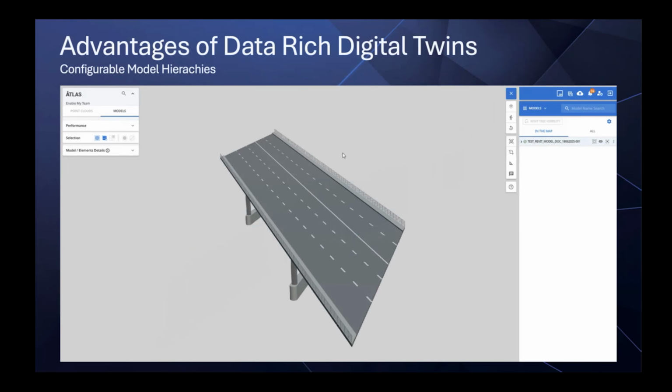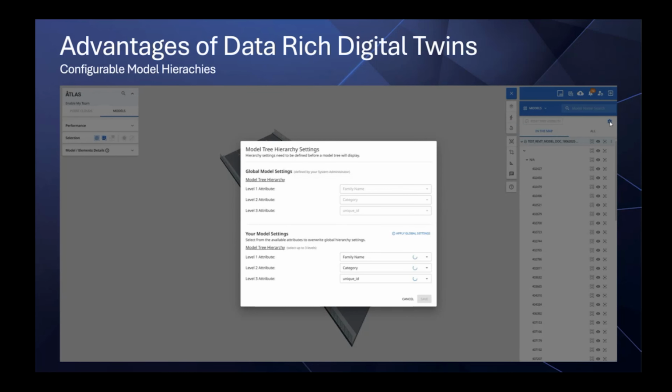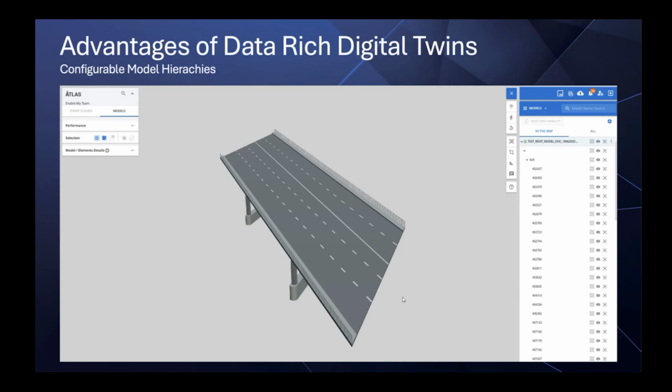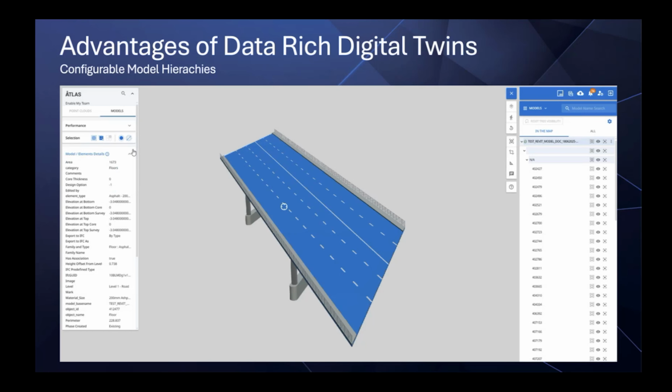Then moving on to model hierarchies. So again, recognizing that you might have models coming in from different supply chain sources, they may not always carry the same hierarchy that you might be familiar with. So what we've built is an ability for users to actually configure their own hierarchy as necessary to view a model.